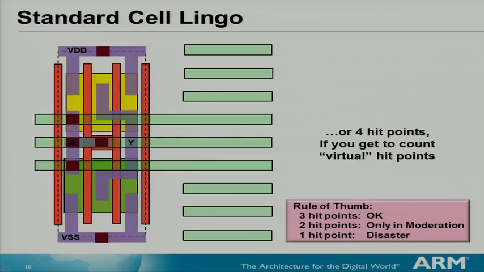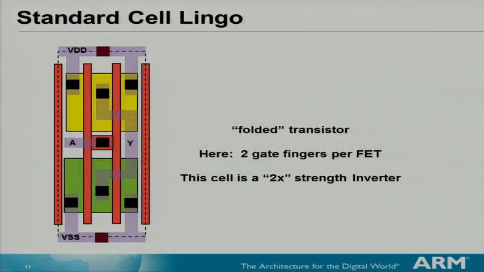And the area of your total chip will start to increase in spite of the amazing transistor technology or amazing patterning technology that you're employing to get a better area and density. So that's one of the important parts of standard cell synthesis, place, and route that you need to keep in mind: you need to have enough hit points so that the router can place the cells together close enough. All right.